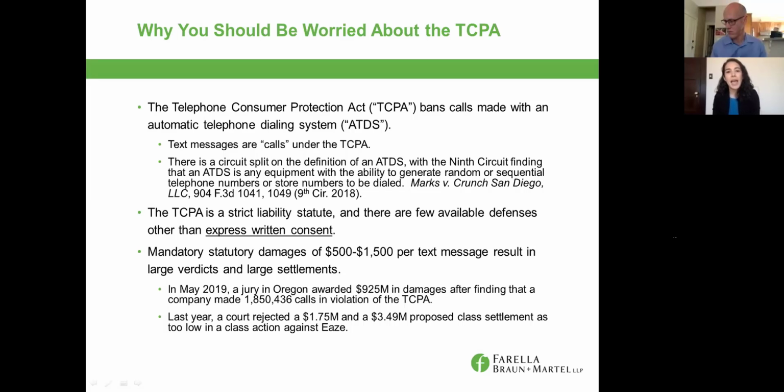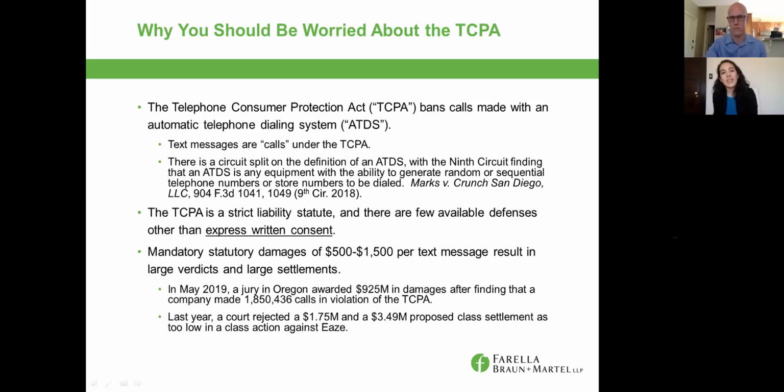When the Act was passed, the technology that was being used by telemarketers were these things that would generate random numbers, and so you would get telemarketers calling just random numbers. And so the Act defines an ATDS as something with the ability to generate random or sequential numbers. But there is a lot of uncertainty about how the statutory definition is applied, and it's written poorly.